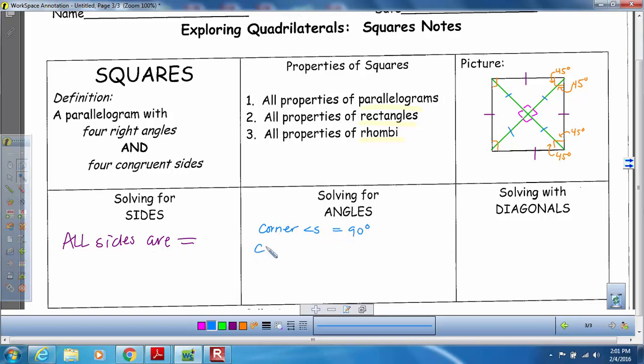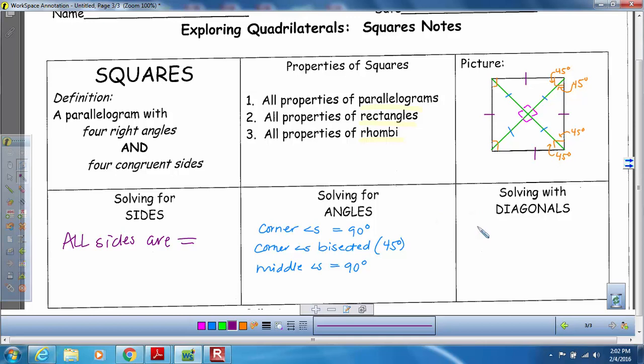We have that our corner angles are bisected. So that means that each piece is 45 degrees. And then we also know that our middle angles equal 90 as well.